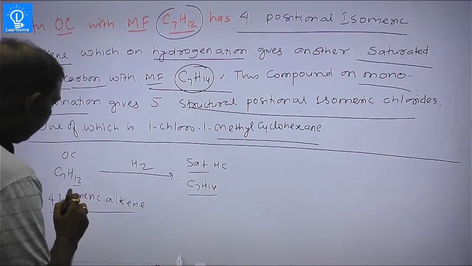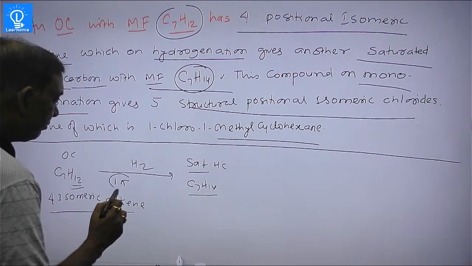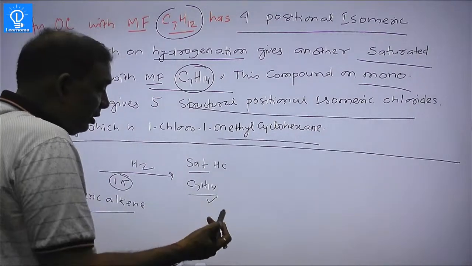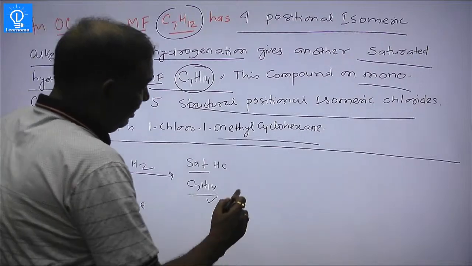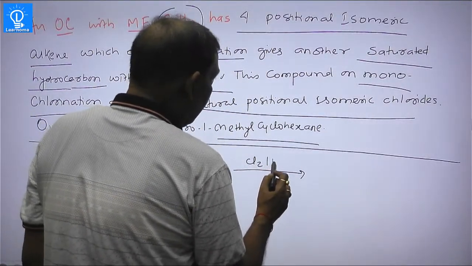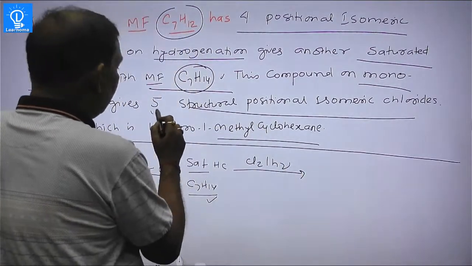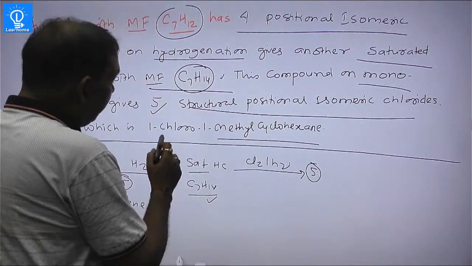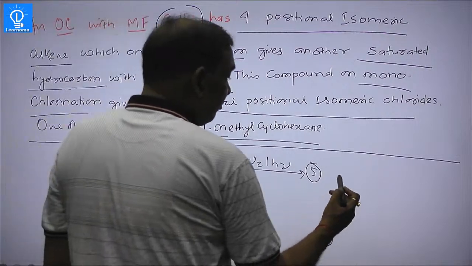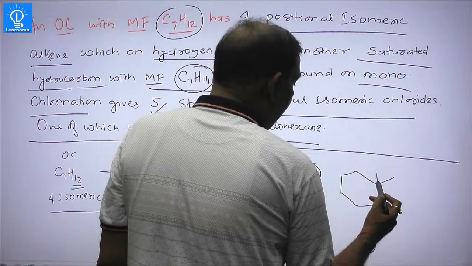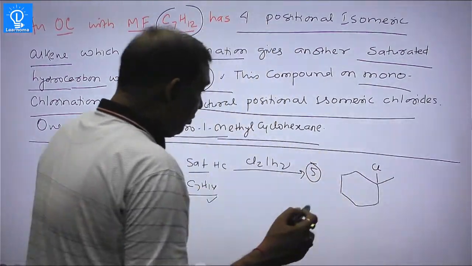This tells you what? 1 pi bond is there. Now, what is the skeleton of this one? I do not know. Chlorination tells you how many? 5. And one of them is 1-chloro-1-methylcyclohexane. What does this mean?